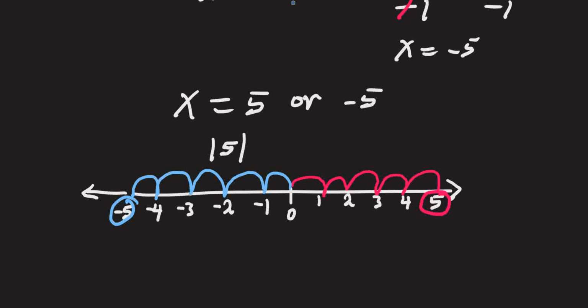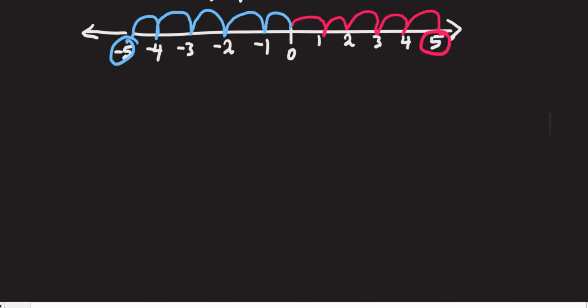So it's actually the distance away from the origin. That is why it's always positive or negative. It's one of them. All right. Let's now go on to the next question. Example 4.